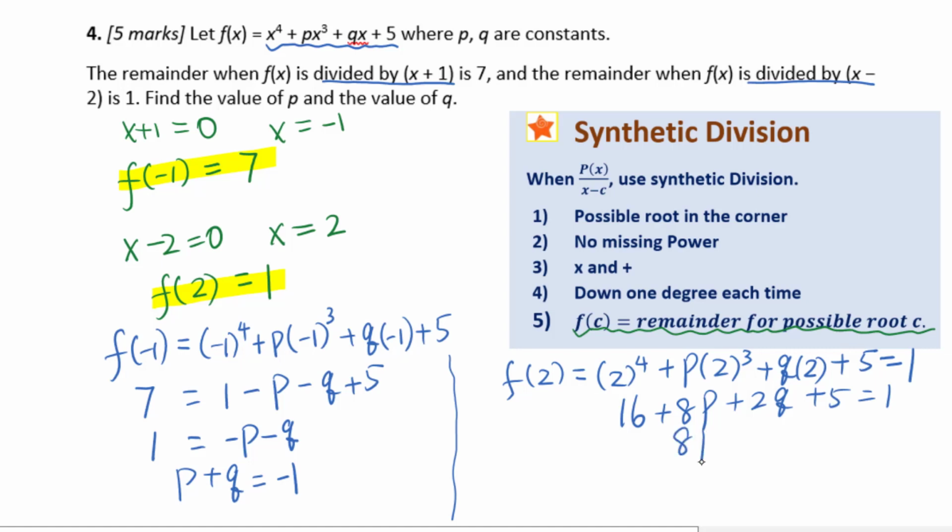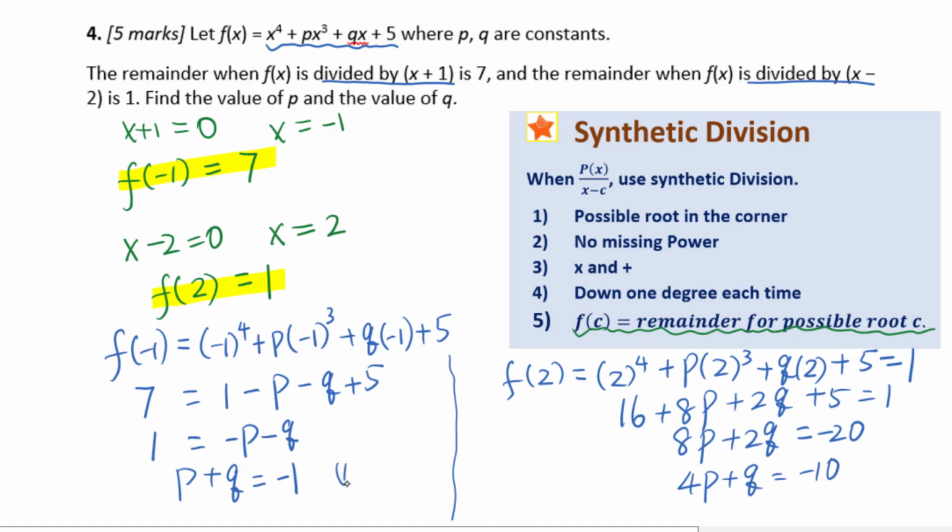So we have 8p plus 2q equals negative 20. We can divide both sides by 2, and you will get 4p plus q equals negative 10.